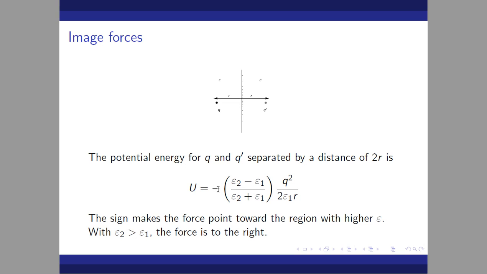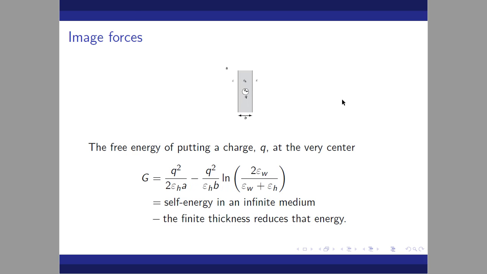We have the same as this, minus. So we have the potential moving to the right. Okay, so in this example, the free energy of putting a charge Q at the very center of this interface is equal to this equation, where the first term is the self energy in an infinite medium, and the second term, from the finite thickness, reduces that energy.